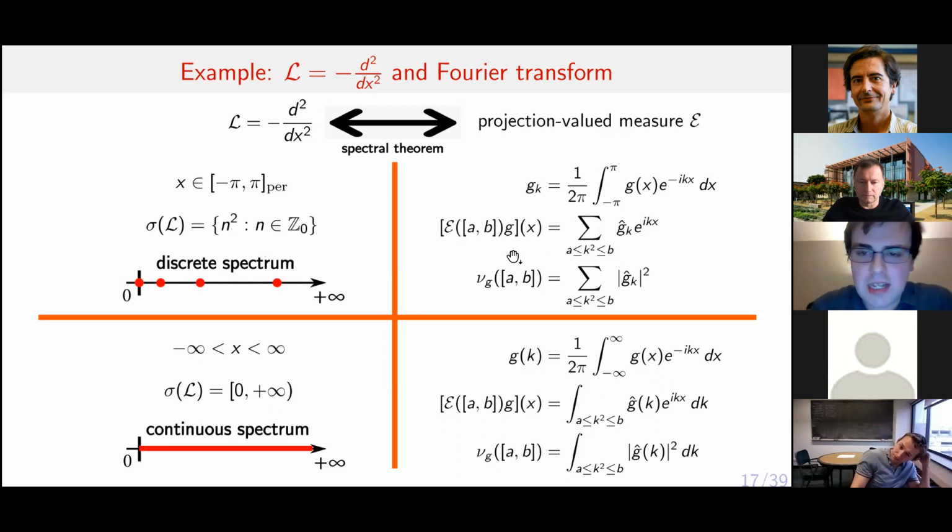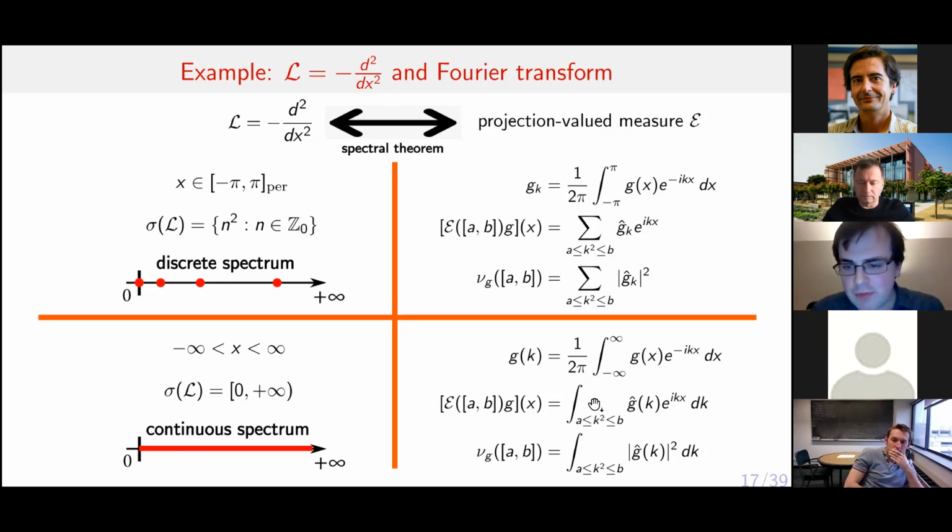Similarly, when you look at the scalar valued versions, you get the energy or the size of G with frequencies on this interval. Okay, so now let's look at what happens when we go from the finite interval to the whole real line. The spectrum now becomes the half line and it's continuous, and we replace the Fourier series by the Fourier transform.